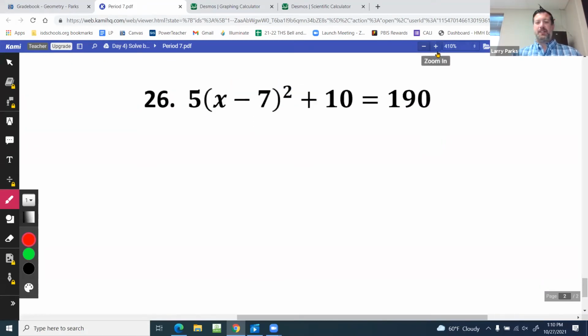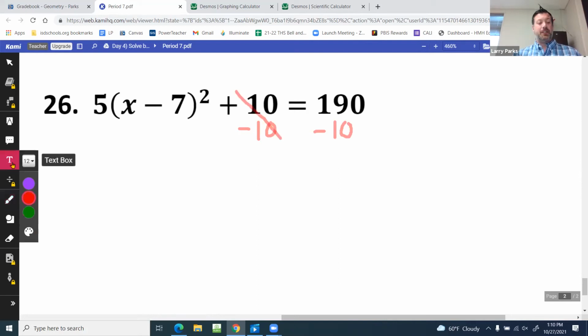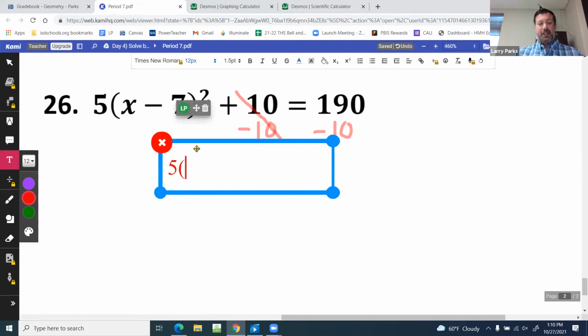So number 26, I would first get rid of that 10. Subtract it from both sides. Those go away. I'm actually going to use the text box this time. I get 5 times (x minus 7) squared equals 180.